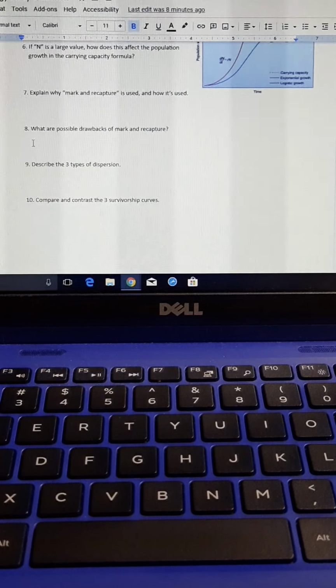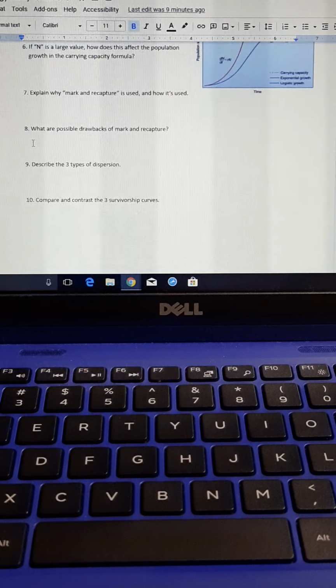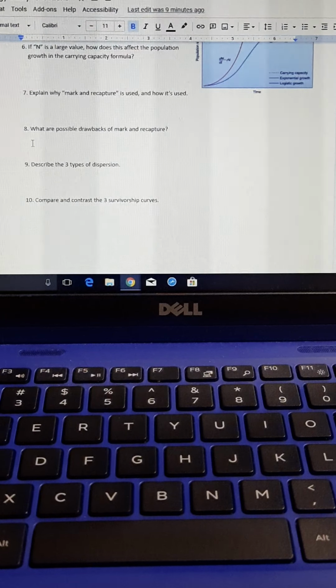And let's say this area was 10,000 square miles, versus the second area where it's 19 for the number first marked, times 29, which is the total in the second catch, over 3, which is the number marked in the second catch. That would be 183 and 2/3 in an area of 650,000 square miles. And we could see the one that was 90 over 10,000 square miles would have the higher population density.